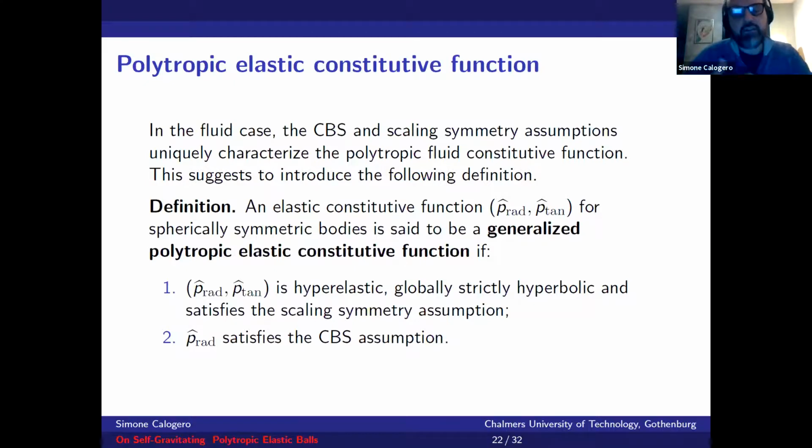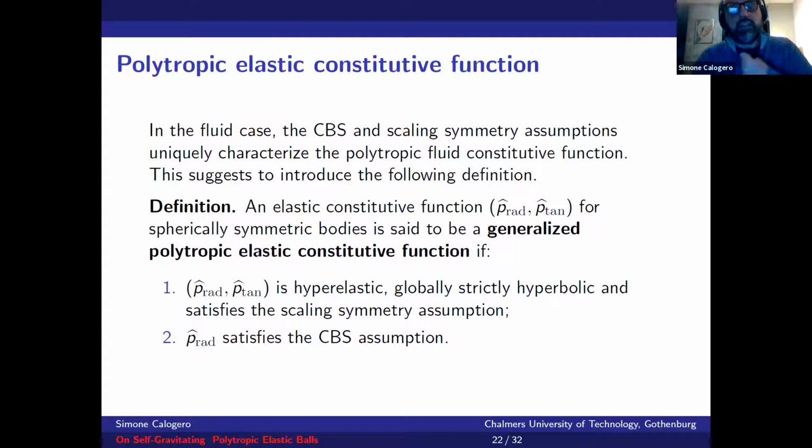So I use this to define what I mean by a generalized polytropic elastic constitutive function: the constitutive function is hyperelastic, globally strictly hyperbolic, satisfies the scaling symmetry assumption, and also satisfies this constant boundary shear assumption.